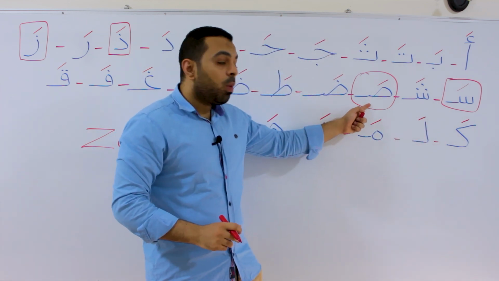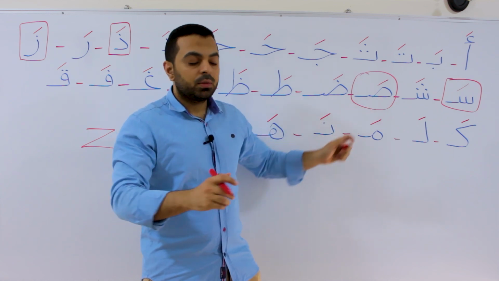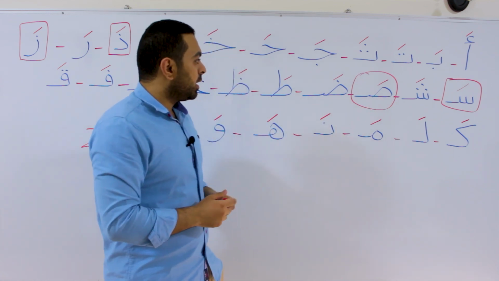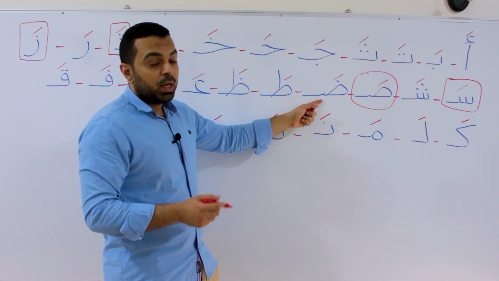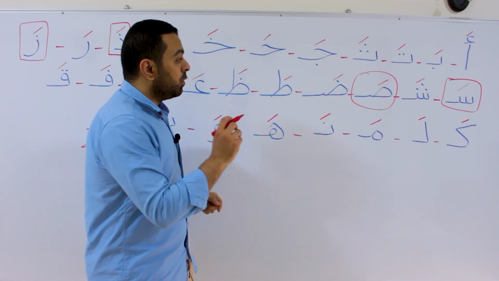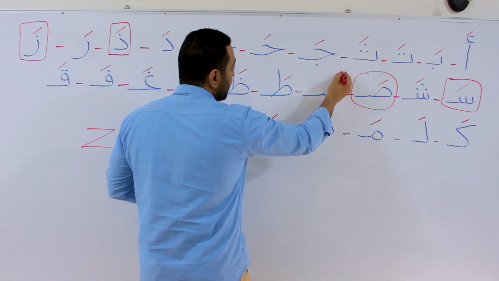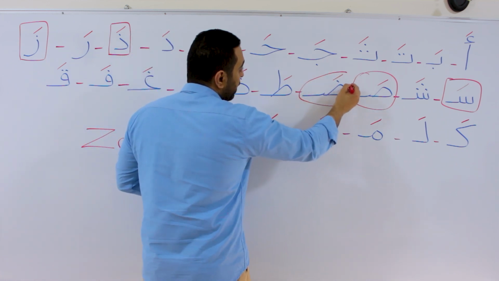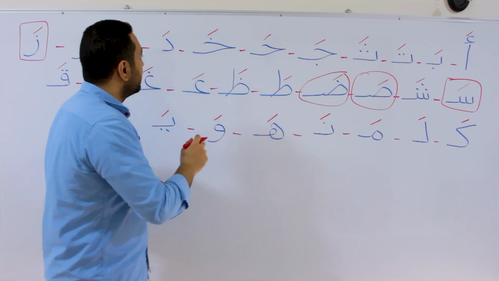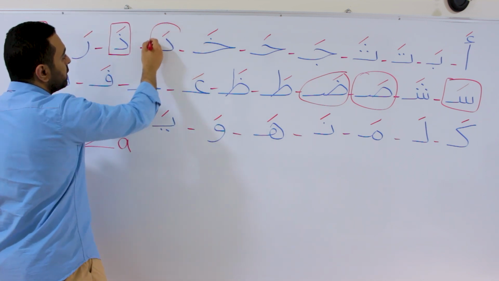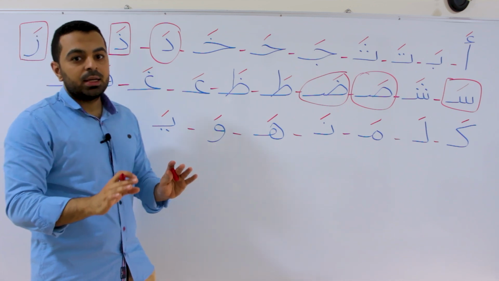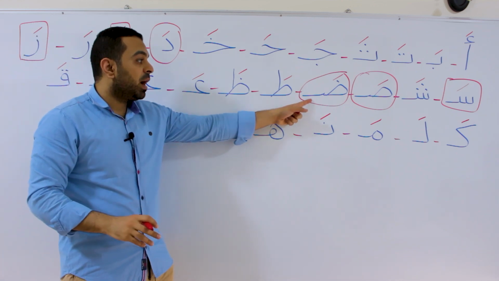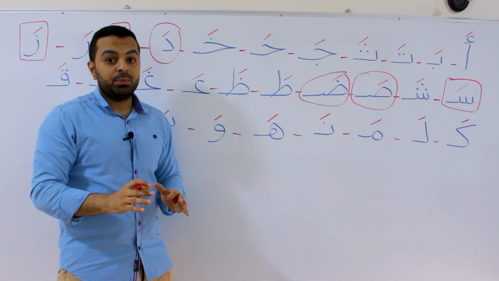However, that one is a different sa. After that comes da, and at this point, you need to differentiate between this sound, which is da, and that sound. That sound is da. However, that sound is heavy and deep.